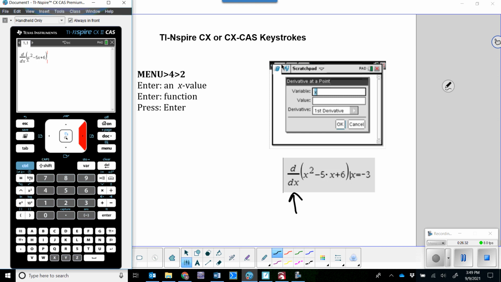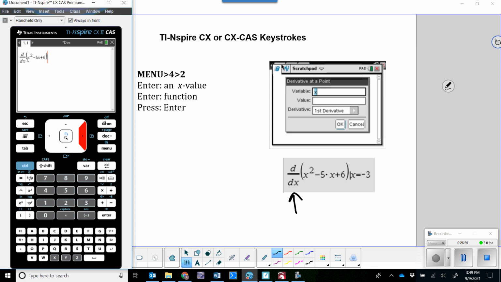Now, outside of the parentheses, if I just do that, it's going to give me a derivative formula. But I want to evaluate this derivative at a very specific point. I want to evaluate it at x equals -3, so we need to put that vertical bar there. You can do it by the menu and it'll get you there, but like I said, you're going to use this more often, so I want you to learn this.